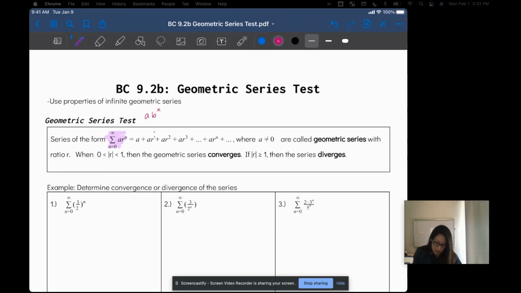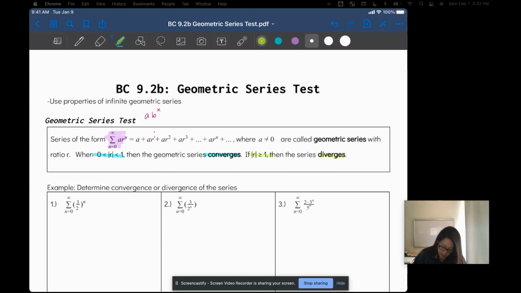The other important things about geometric series are that if the absolute value of the r value is between 0 and 1, so a fraction between 0 and 1, we converge. And if the absolute value of the r value is equal to 1 or greater, then the series diverges.